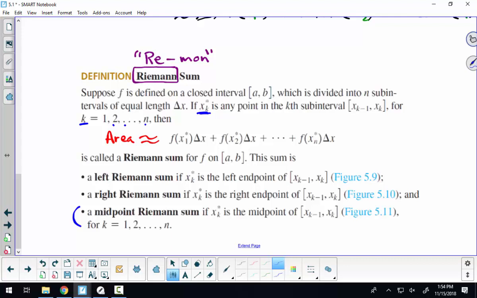The right Riemann sum, we use the right grid point. So notice the right Riemann sum, the left Riemann sum, the midpoint Riemann sum, they're all talking about this x star, and that x star is always the thing that's plugged into the function to give you the height. So what changes by left, right, or midpoint is just what we evaluate the function at. The delta x stays the same.